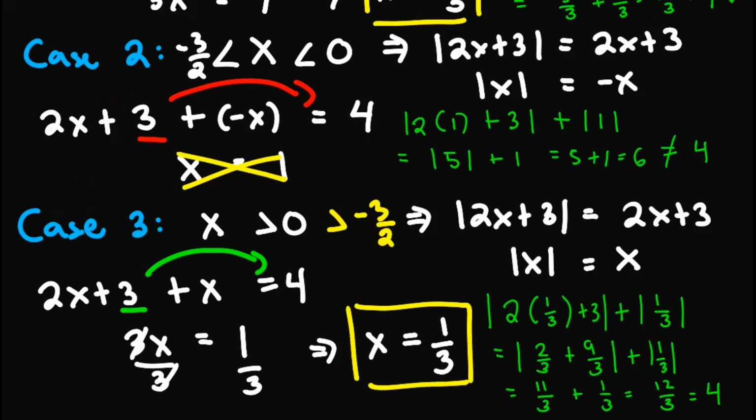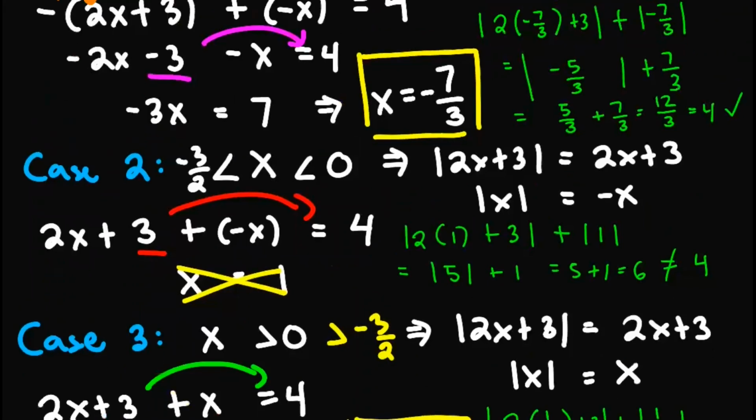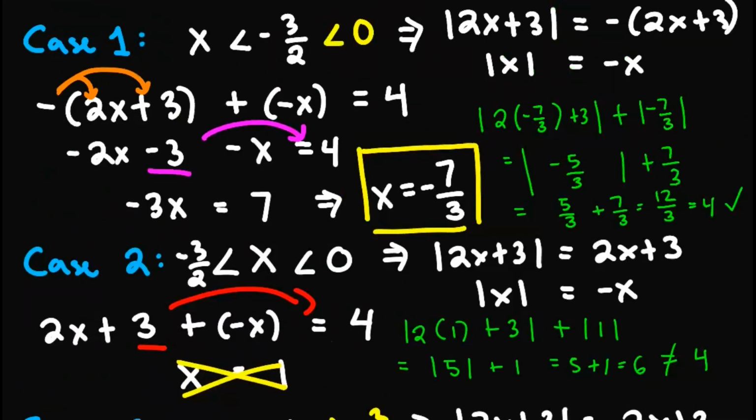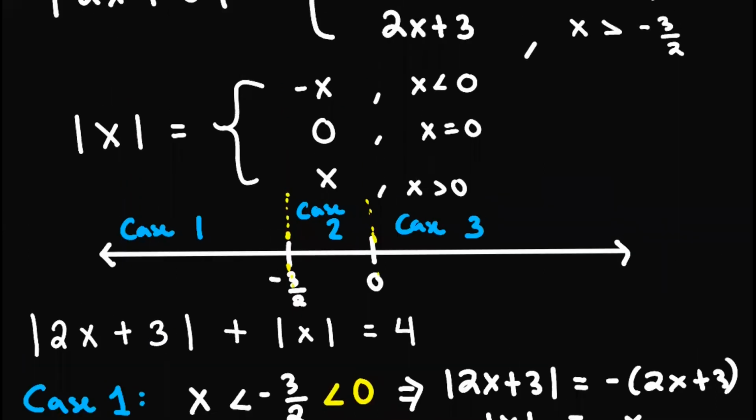And so we are done. But if you are wondering, here in case 1, case 2, case 3, we didn't include x equals negative 3 over 2 and x equals 0.